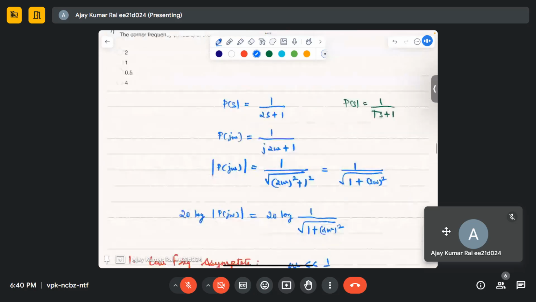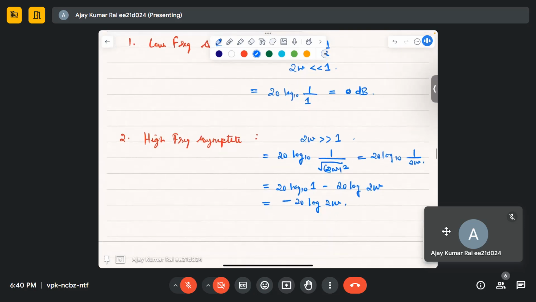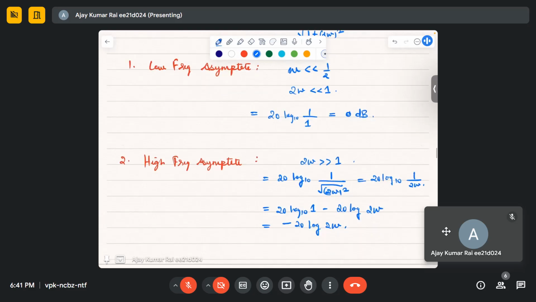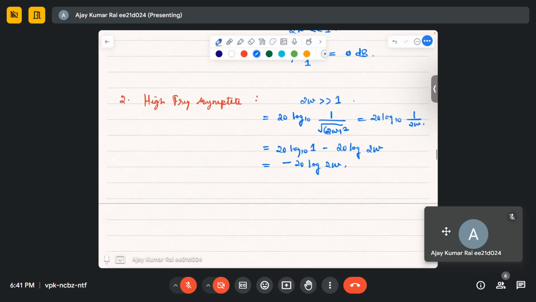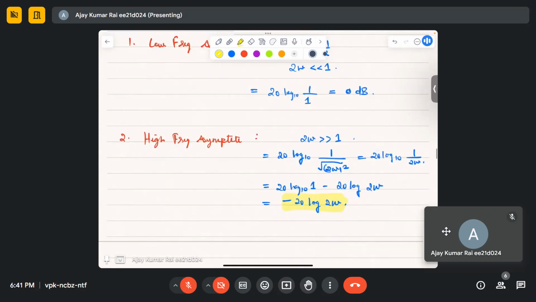And what we have to find out is the corner frequency. The corner frequency is where these two asymptotes intersect, when the high frequency asymptote meets the low frequency asymptote. For what value of omega will this become 0 dB? Then only the two will meet, because the low frequency asymptote is equal to 0 dB, right?